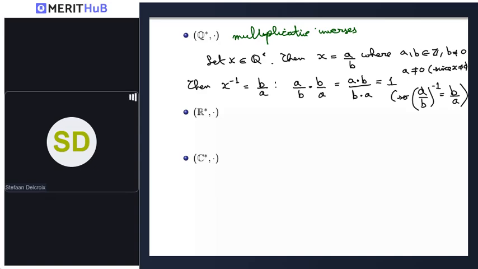How about the real numbers? So if, let me use r for once, is a non-zero real number, does there exist another number out there, let's say s, such that when you multiply them, you get 1?